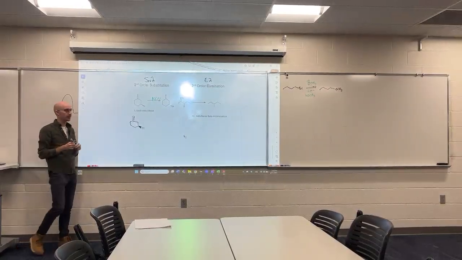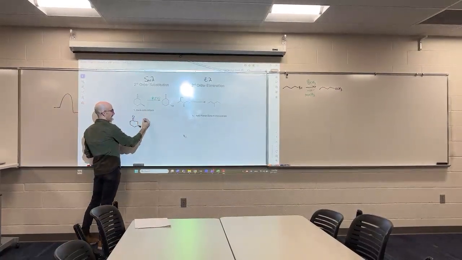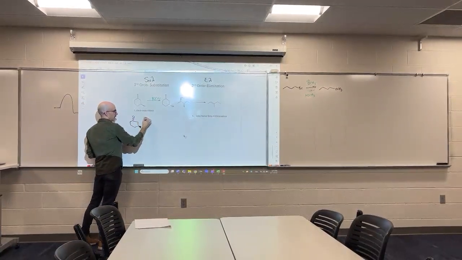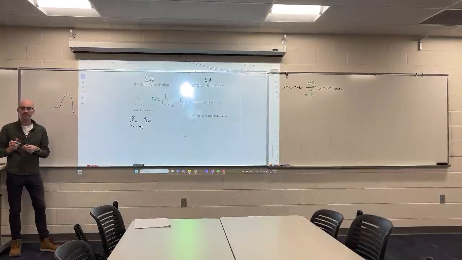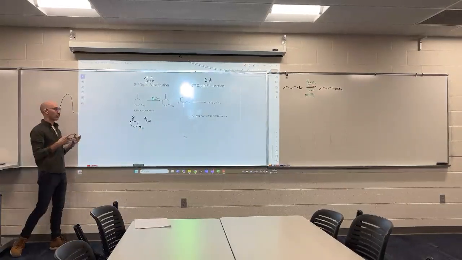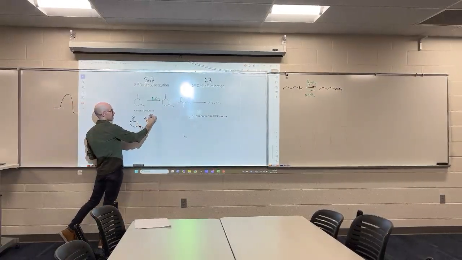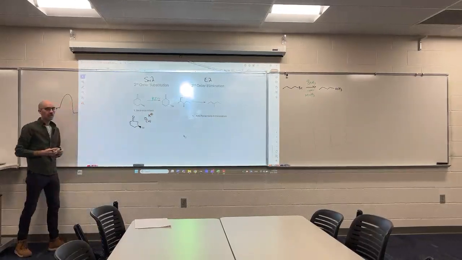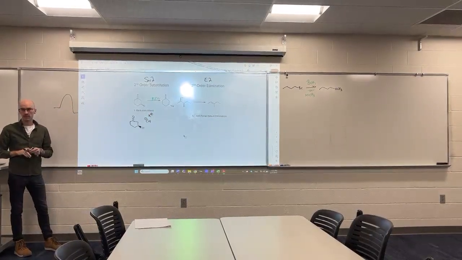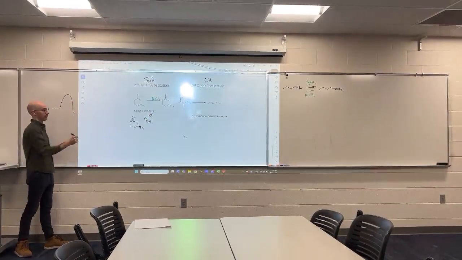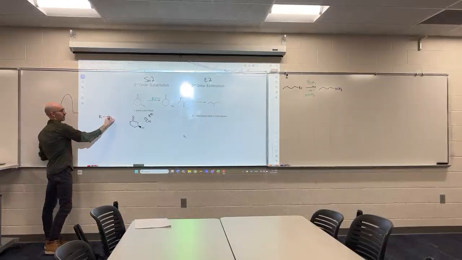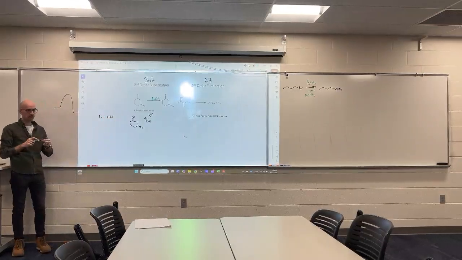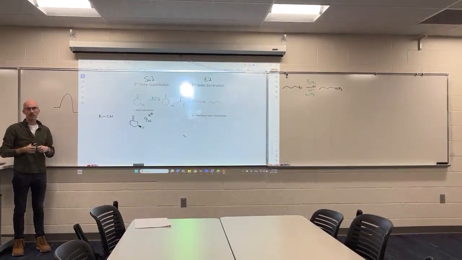You can ignore the potassium and just write CN, or you can draw the potassium to the side. But if you ever show me this, I will just deduct a small number of points.